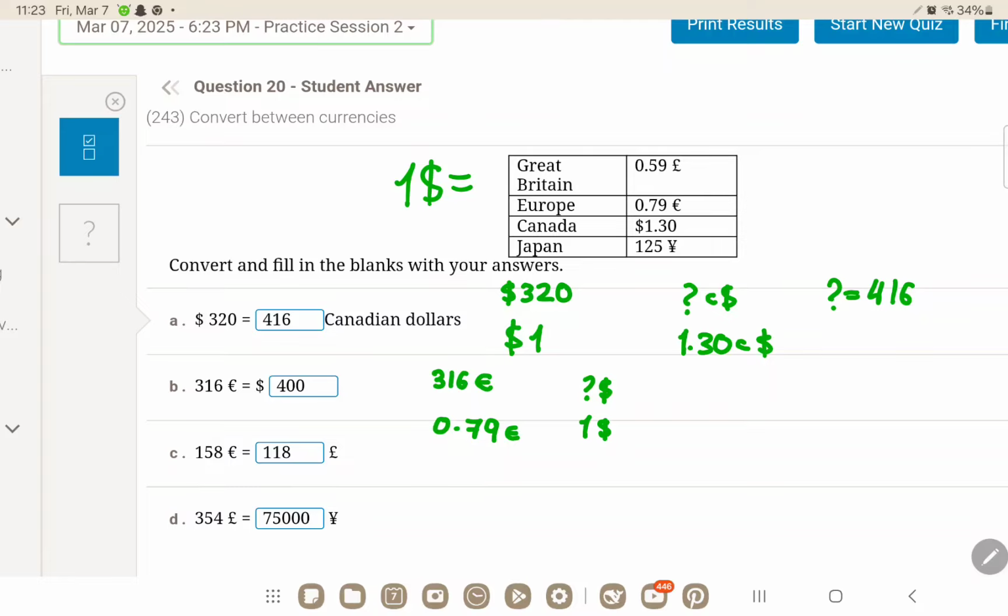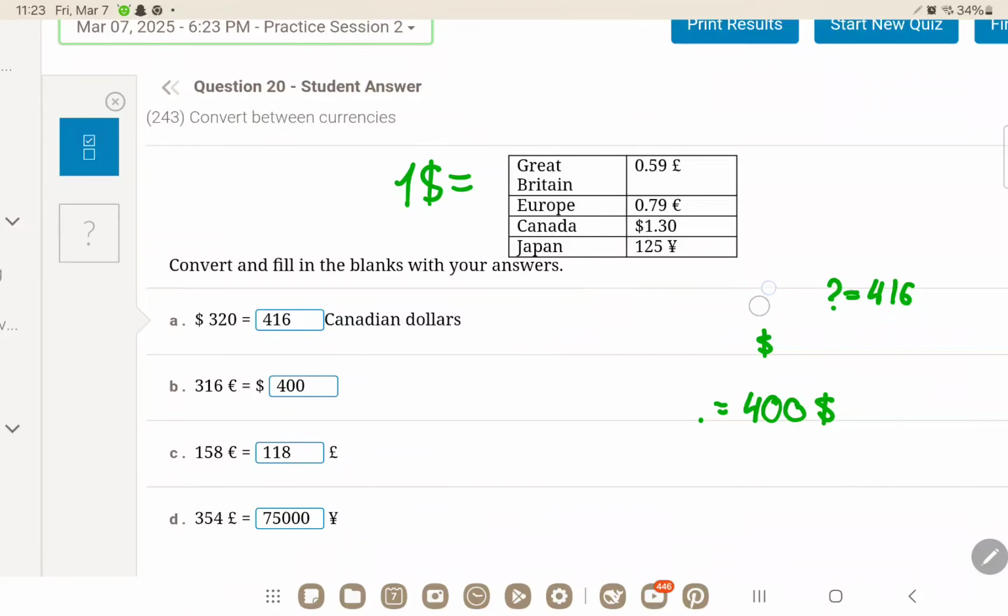So it's just 316 divided by 0.79, which gives us $400. Now, these two are the easy ones, so we know how to do these two. Now let's go on to the harder ones where you have to do two conversions.